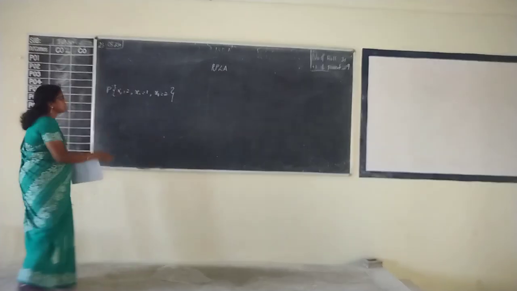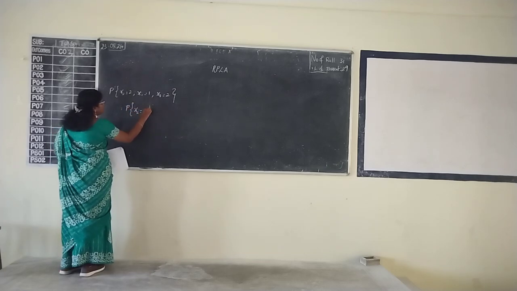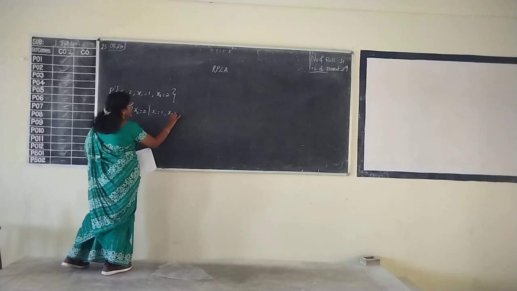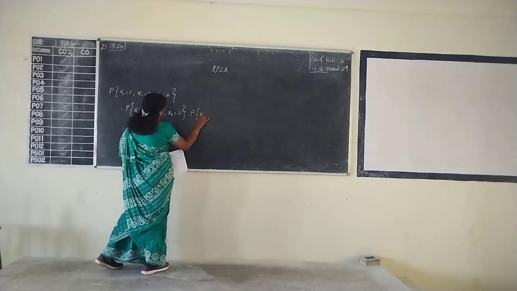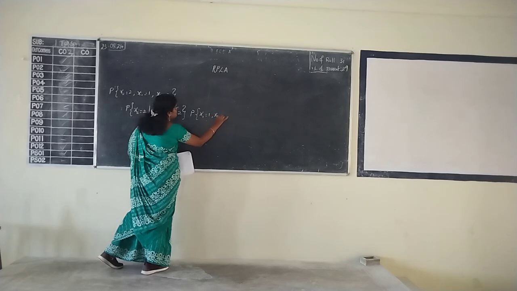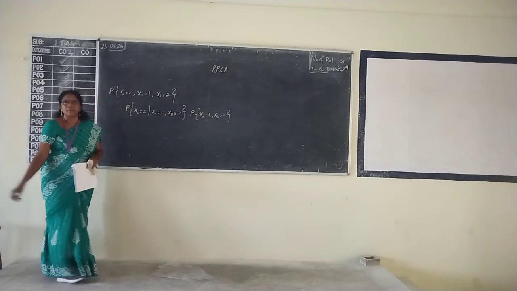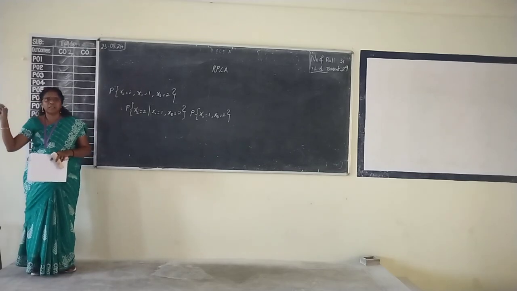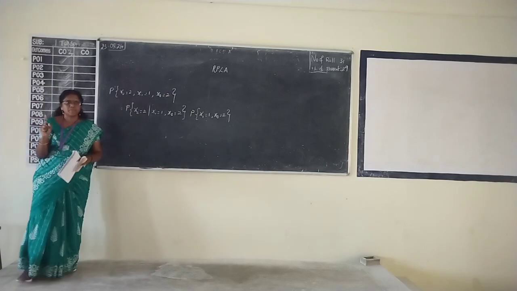So you are going to rewrite this term as probability of x2 equal to 2 given x1 equal to 1, x0 equal to 2, into probability of x1 equal to 1, x0 equal to 2. A given B into probability of B will be equal to P of A intersection B. Using that logic, we are rewriting as first step.